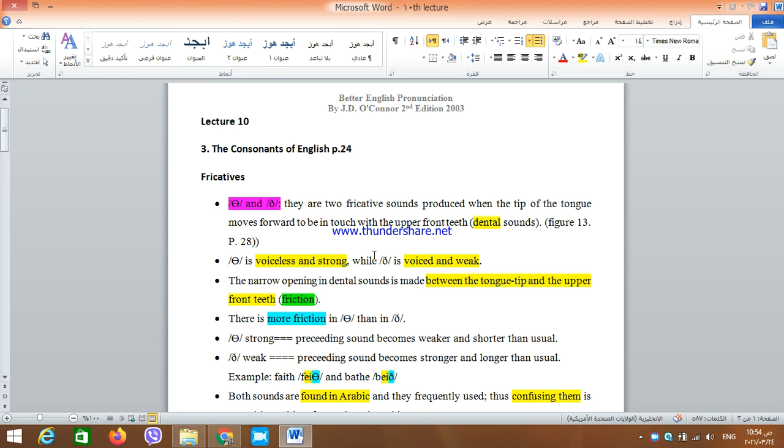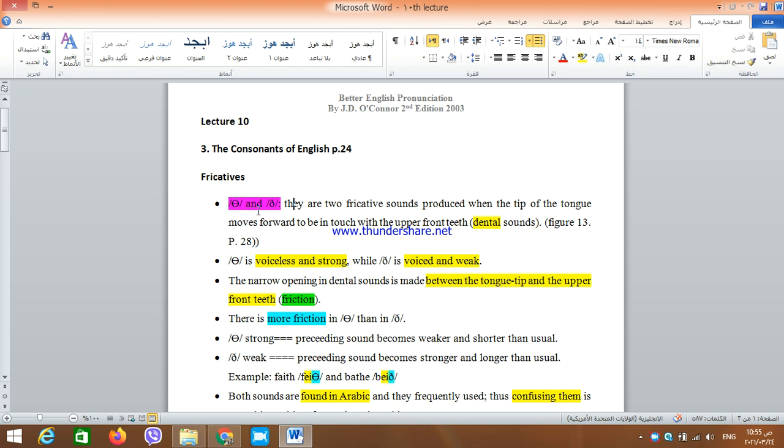Sometimes you feel that the tip of the tongue is between the upper and the lower front teeth. So there is a narrow opening. This narrow opening is enough for the airflow to go out, but with causing friction. That's why they are called fricative sounds.